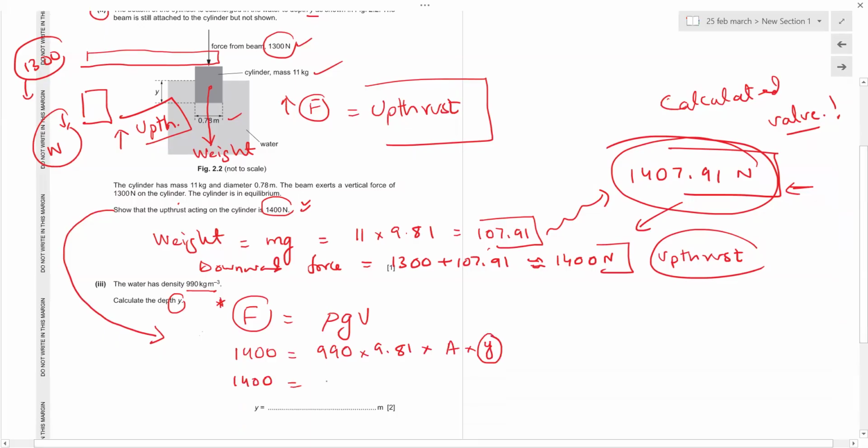So 1400 equals 990 into 9.81 into area, which would be pi by 4 d squared. That's 0.78 whole squared. This is the formula for area of a cylinder. Pi by 4 d square into y. We need to find out y. तो y को सब्जेक्ट आप बना लें. Solve for y. Let's see क्या आता है y.